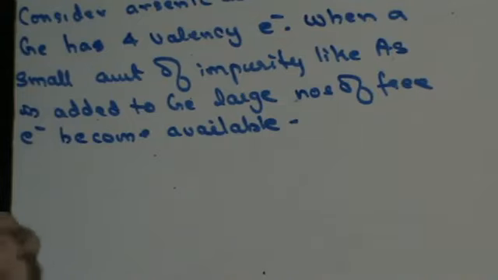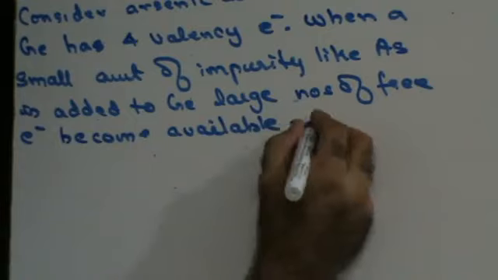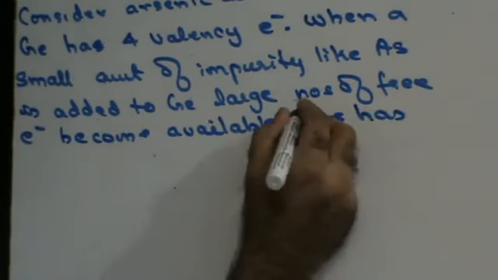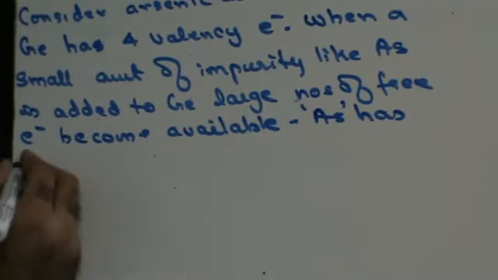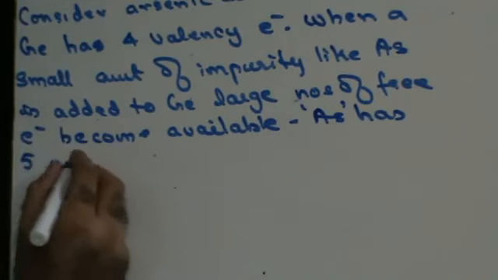I can say that arsenic has 5 valency electrons.